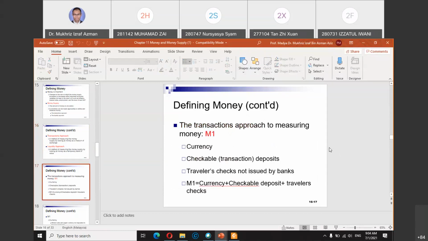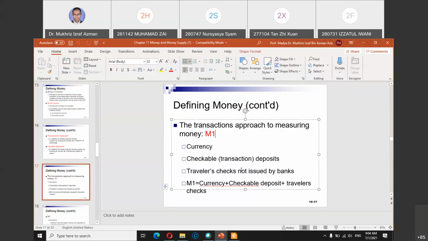So this is the most general category of money. When you define money as M1, it includes currency, your duit, mata wang, checkable deposits, meaning checks, and traveler's checks not issued by a bank.